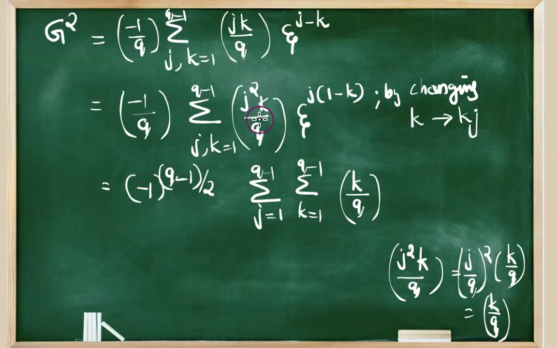So we have replaced this (J square K by Q) by Legendre symbol (K by Q) into theta raised to J into (1 minus K).